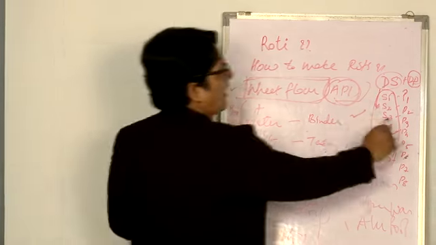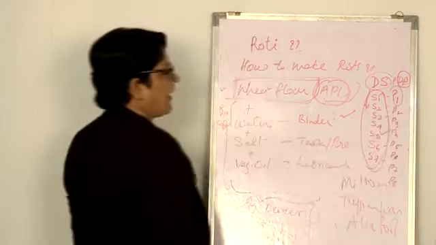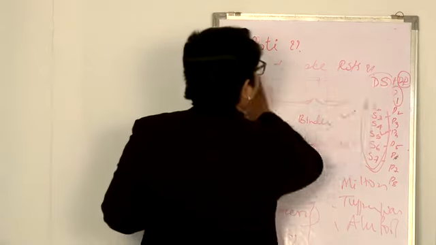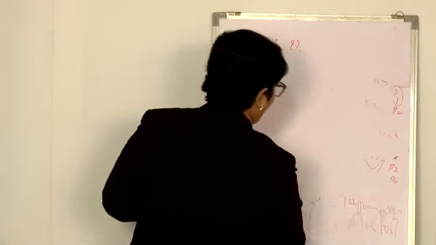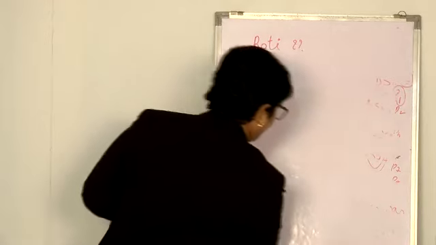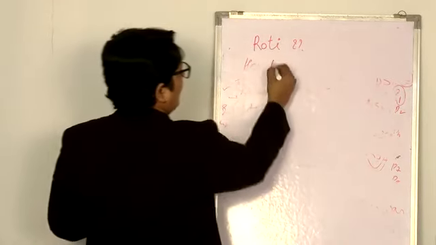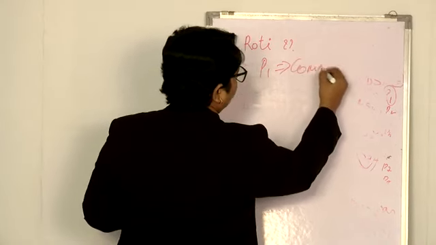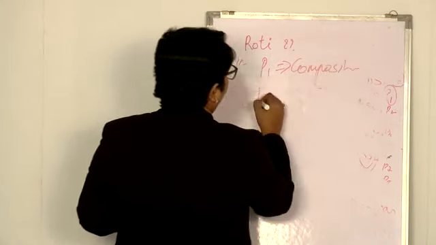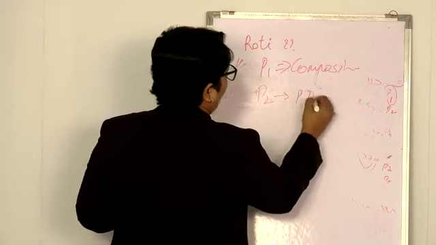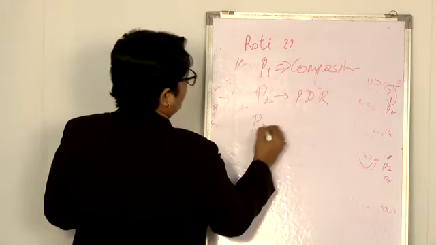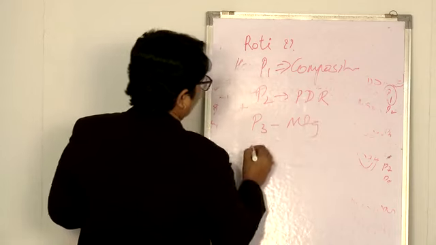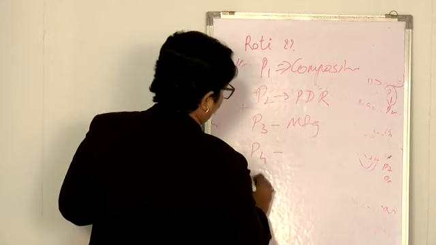Now coming to the P part, correct. In the P part we have to discuss from P1 to P8. So if you apply the same logic, what is P1? P1 is composition, P2 is PDR, P3 is manufacture, P4 is what?